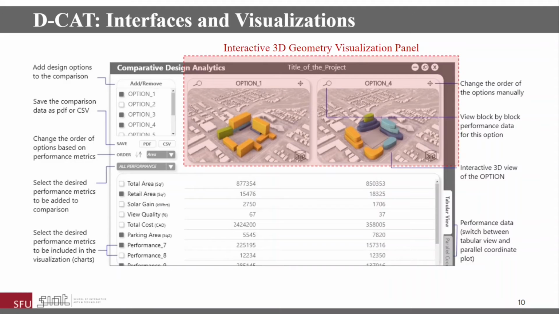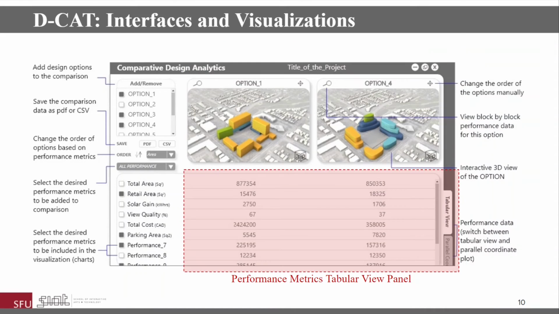Juxtaposed design models are presented in the 3D visualization panel. We use the color-coded 3D form view to indicate the associated functions of the building blocks. The tabular data view provides an overview of the selected performance metrics in a list with selectable data items.